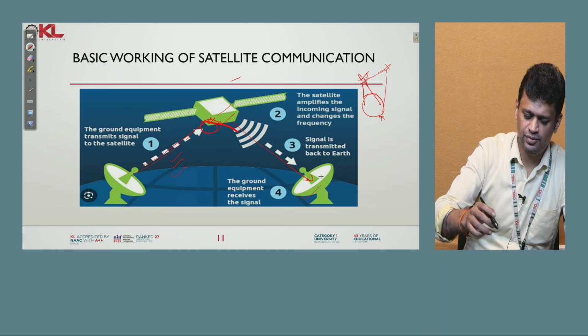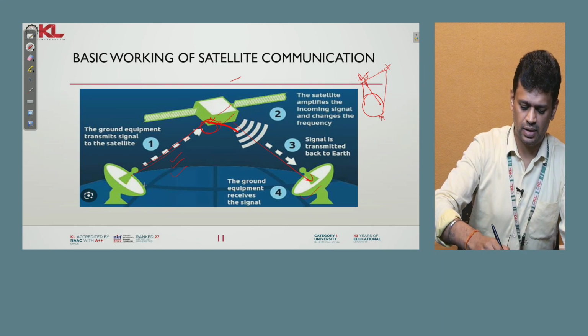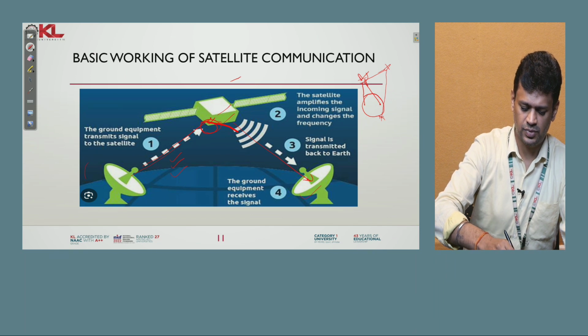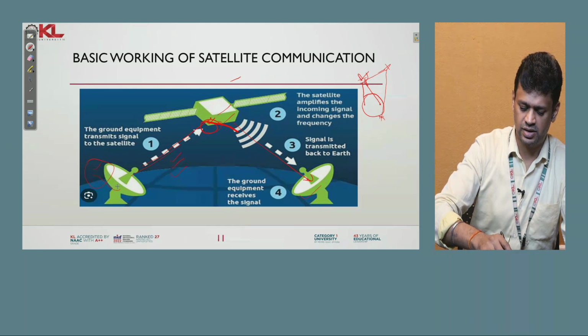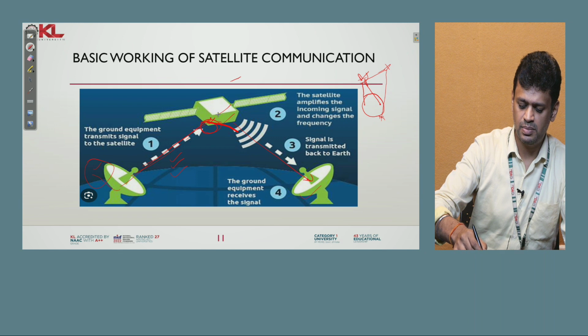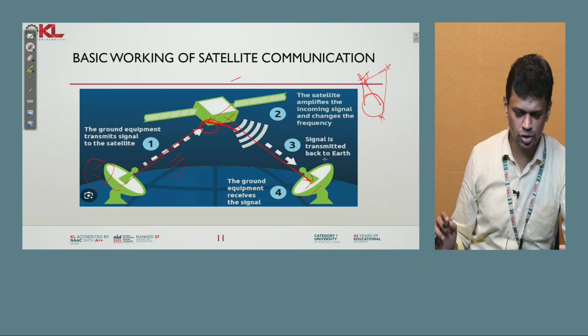So imagine if a cricket match is happening in this locality, in this place, it can be easily given to this antenna. You can say this cricket match is happening in India, it is being transmitted, and now the same satellite will send this video signal of the live cricket to Australia.